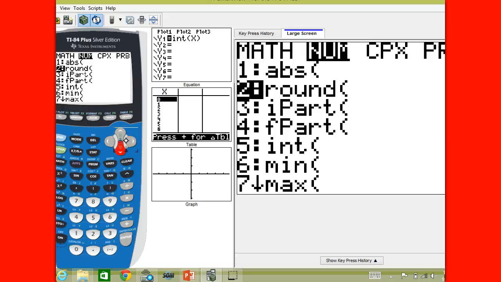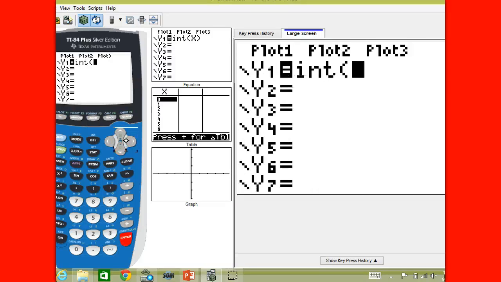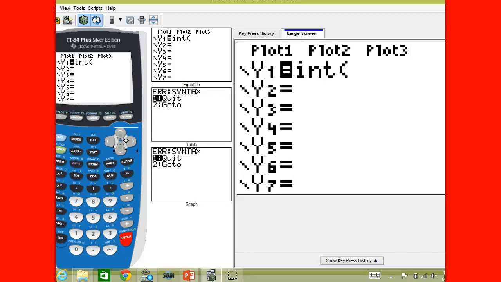So if I go down to number 5, that's my greatest integer function. That's what that represents. And then whatever was inside those double sets of brackets, that's what I would put in here. So we just had an x, so I'll put my x in here.